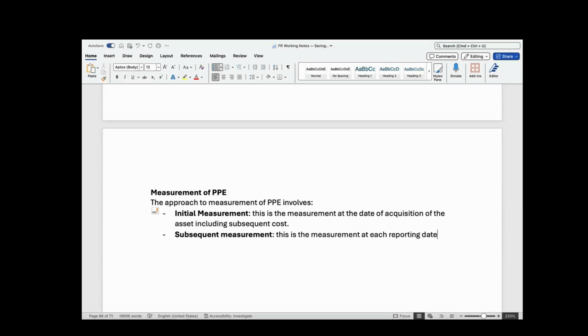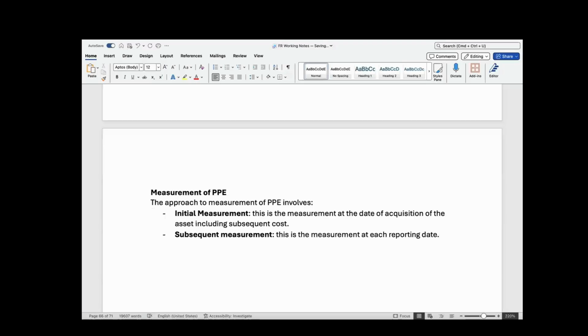So for us accountants, we usually measure our assets not just when you bought the assets, but also at the end of each year. We usually measure and remeasure at the end of each year. That is called subsequent measurement.